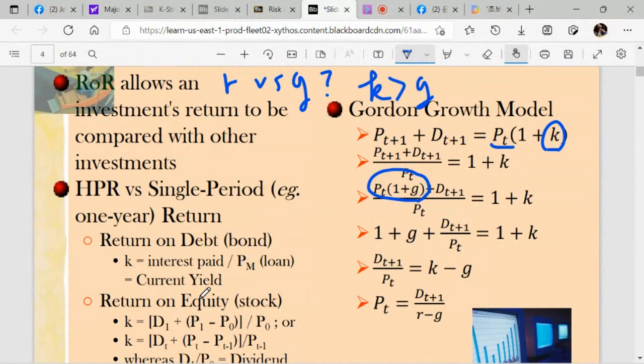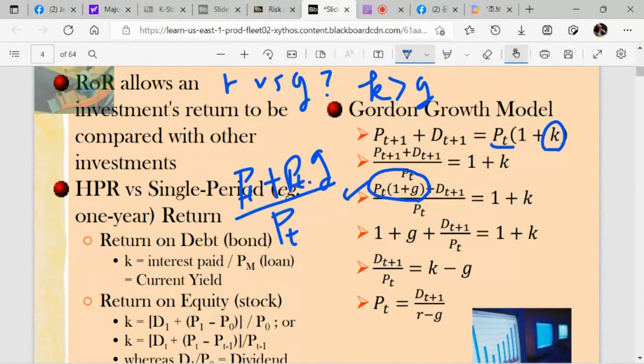In other words, it can be split into PT over PT times, what I'm trying to say is, PT plus PT times G, right?